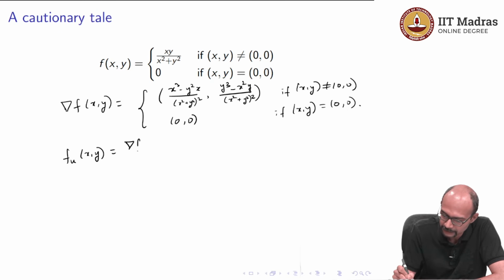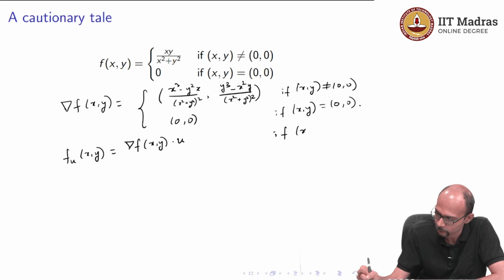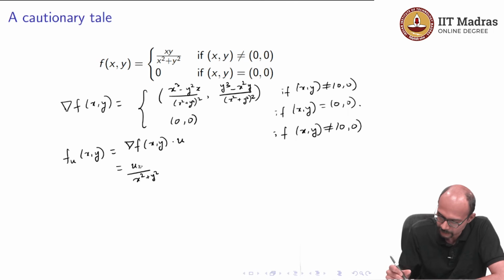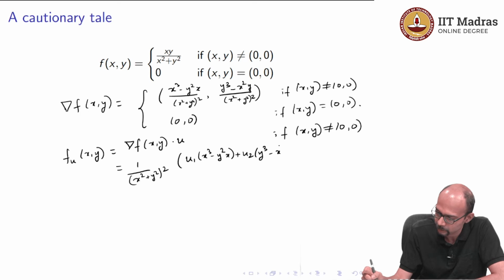So, this is just gradient f at (x, y) dot with u, if (x, y) is not 0, which tells us that this is 1 by (x square plus y square) times u 1 times (x cube minus y squared x) plus u 2 times (y cube minus x square y).